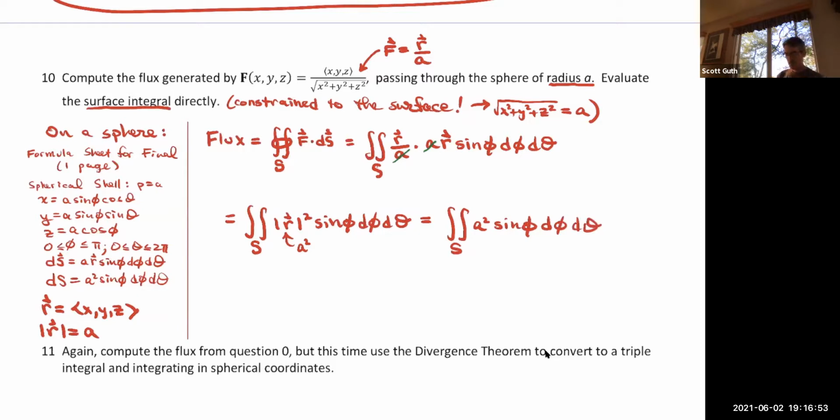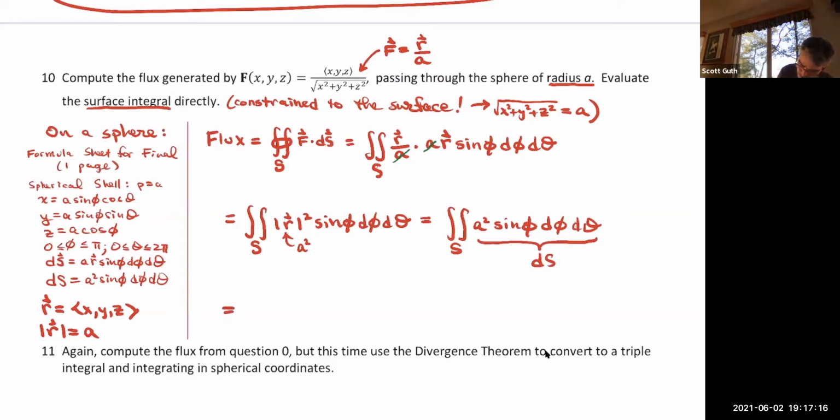And recognize next that that is dS, the scalar, not a vector. Now I'm just doing a surface area, because this thing here is just dS, the scalar differential for surface area.